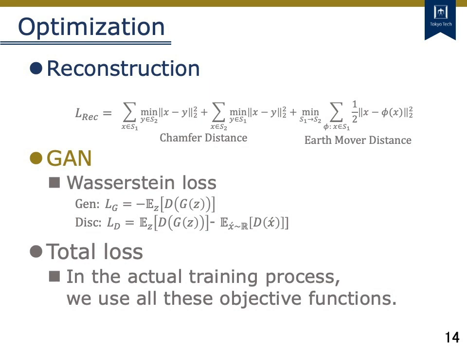The first one is reconstruction loss. The reconstruction loss calculates the distance between generated fake data and real data. As this distance, we use chamfer distance and earth mover distance. Generally, these distances are used for calculating the difference between 2 sets. The second one is GAN loss. We use Wasserstein loss. In the actual training process, we use all these objective functions.